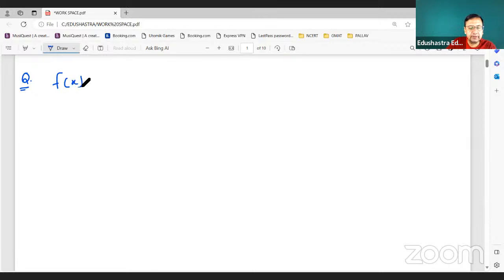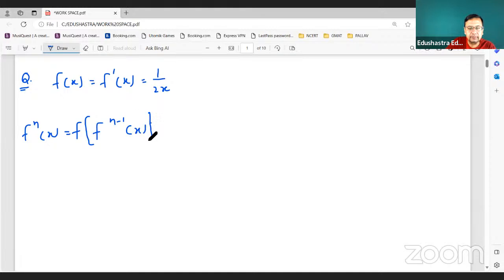f of x is equal to f1 of x, right? Is equal to 1 upon 2x. Right? Function definition is f of n of x is equal to f of n minus 1 of x. Right? So what to do?